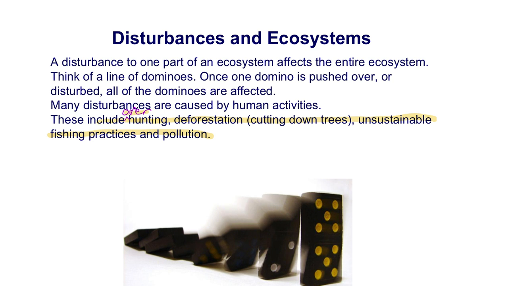So you cut too many trees down in a forest, you overhunt, you overfish, you add pollution, all this will take out key elements of the ecosystem and unbalance it and disturb it, making it less biodiverse and less resistant to environmental change.